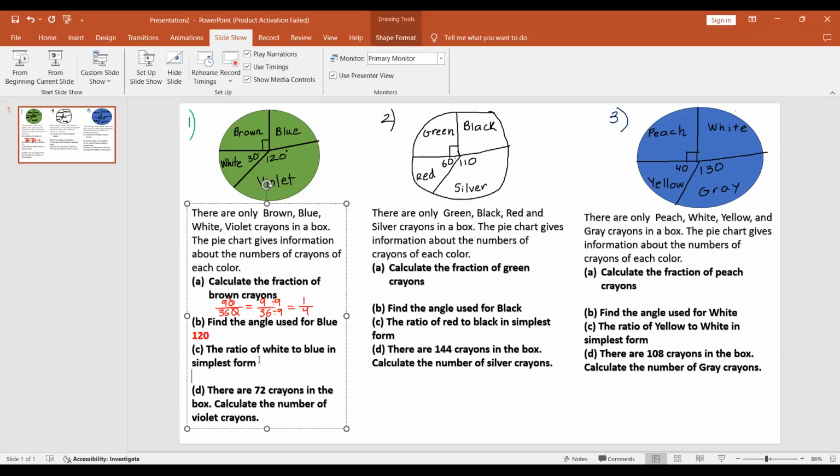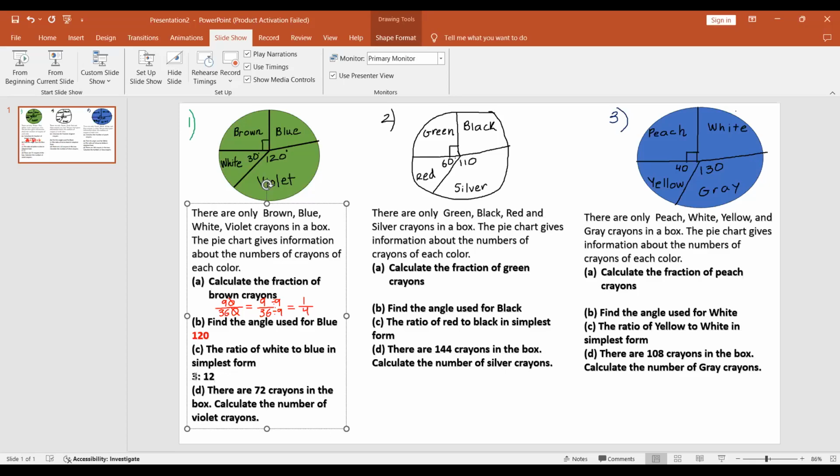Okay, now we want the ratio of white to blue in simplest form. What is that going to be? So first it's 30 to 120. And then we cancel the zeros, and we'll be left with 3 to 12.